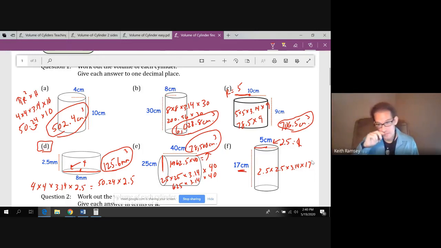So 2.5 times 2.5 is 6.25 times pi is going to equal 19.625 times the height. That's a decimal in there. And I got 333.625, and this is cubic centimeters.